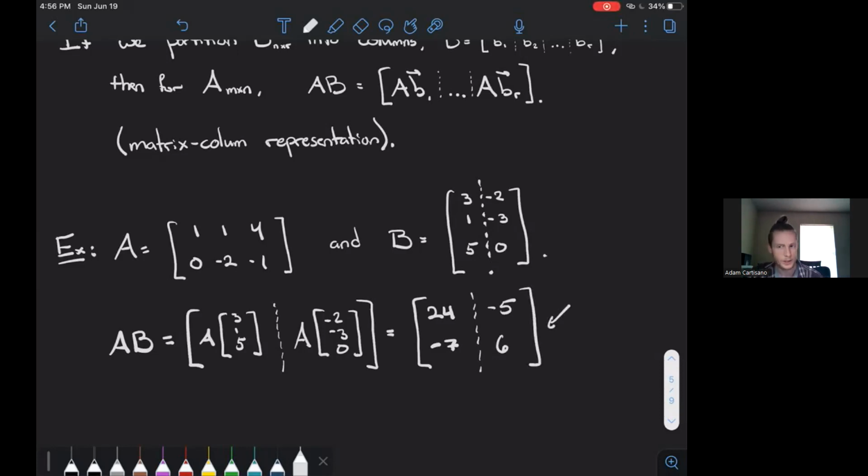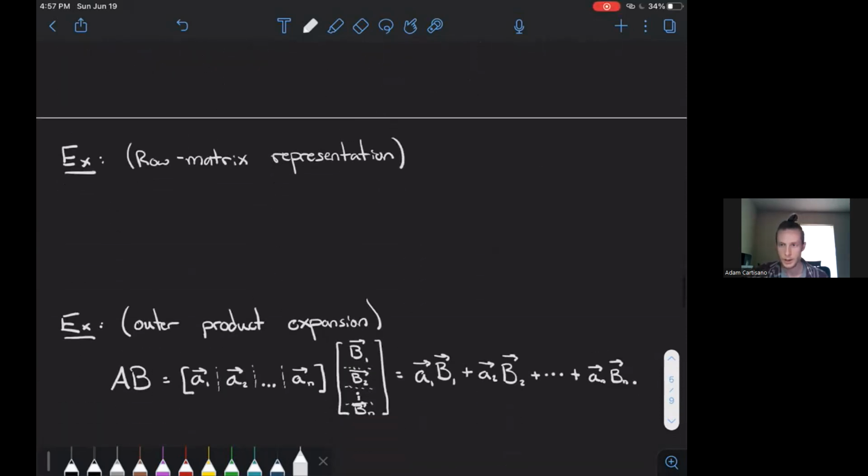Although, if what we just did feels like just the definition of matrix multiplication, that's why we did this one first. We did matrix column representation first as the first different way of approaching matrix multiplication, because it's the closest to the normal way that we do it. There's another one though, row matrix representation.